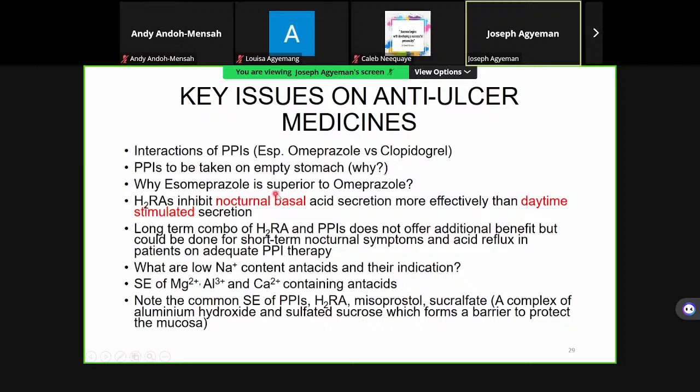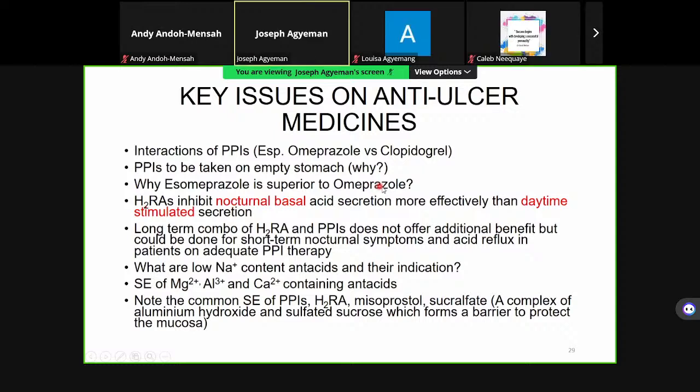Esomeprazole being superior to omeprazole, we've explained that omeprazole is a racemate containing both R and S isomers. The S isomer is less sensitive to the 2C19 enzyme, and therefore it accumulates and works more. It gives better efficacy. This is the S isomer. 20 milligram of this will have 20 milligram S isomer. 20 milligram of this will have 10 milligram S isomer and 10 milligram R isomer.